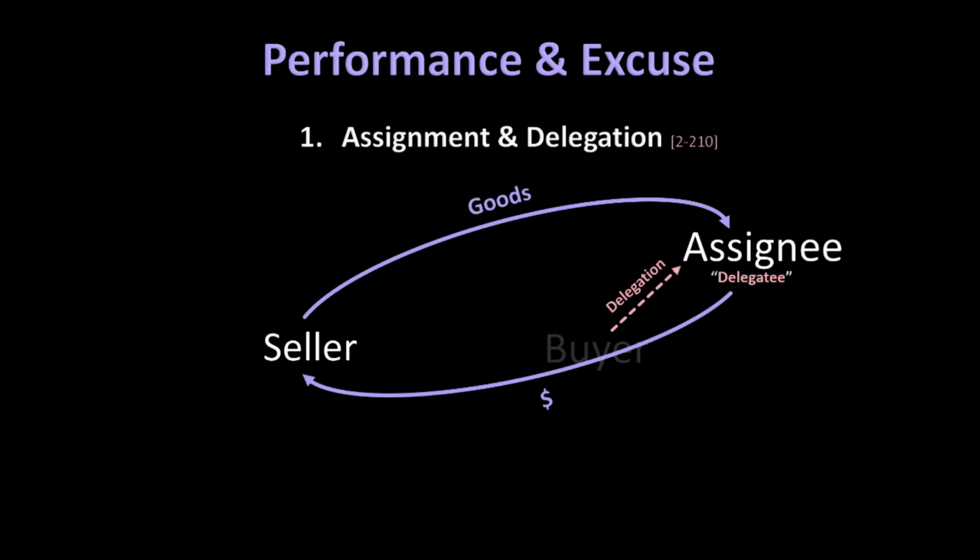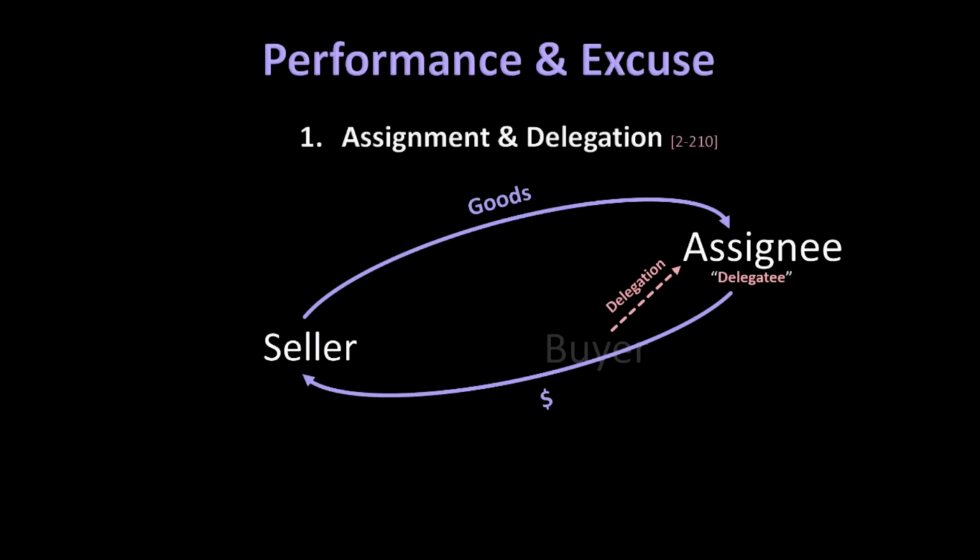Note also that delegation by itself does not relieve the delegator from potential liability to the non-delegating party to the contract, that is, the other party to the contract. If the delegator's delegatee fails to perform the delegated obligations, the party to whom the obligation was owed, that is, the counterparty in the original contract, may sue either the delegator or the delegatee.